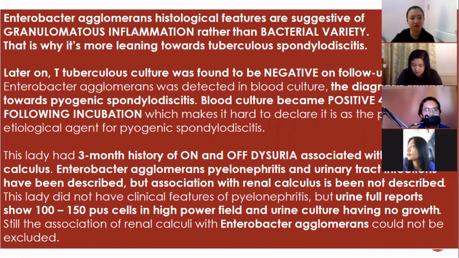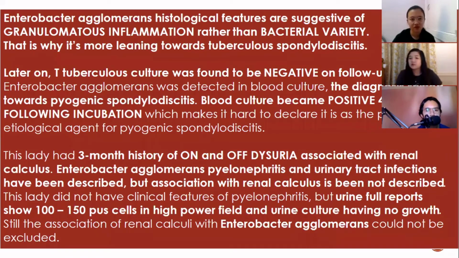Histological features are suggestive of granulomatous inflammation. Granulomatous inflammation is a distinctive pattern of chronic inflammatory reaction characterized by focal accumulation of activated macrophages, rather than a bacterial variety. That is why it's more leaning towards tuberculous spondylodiscitis.